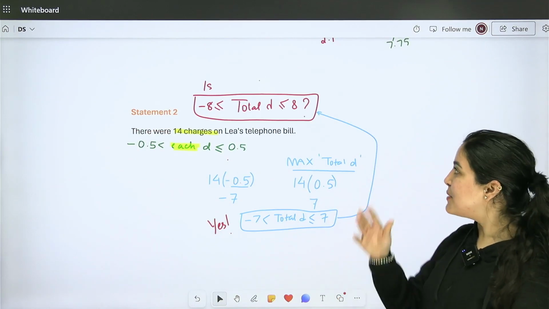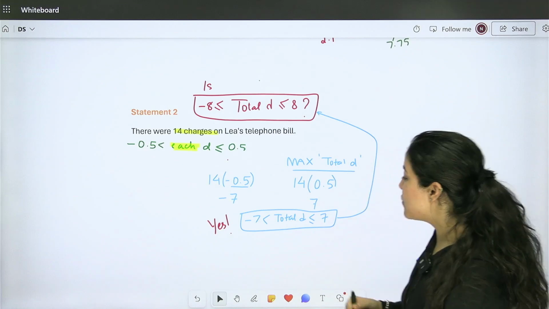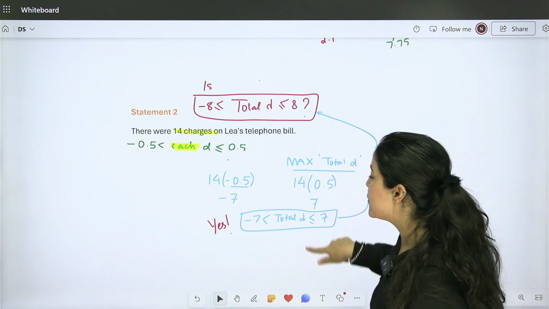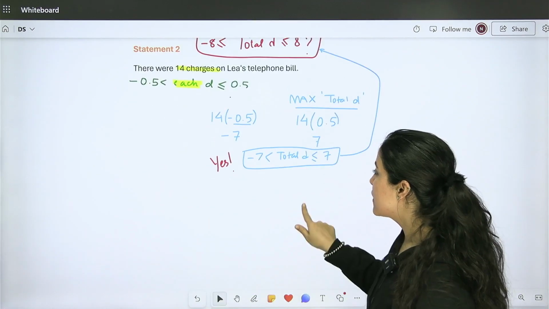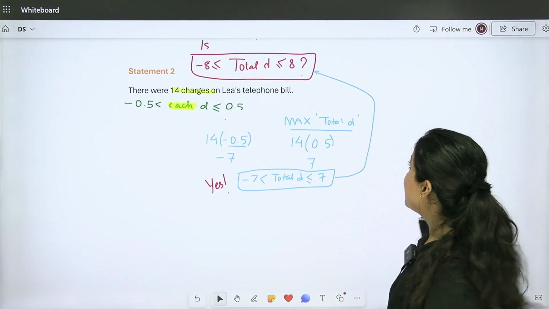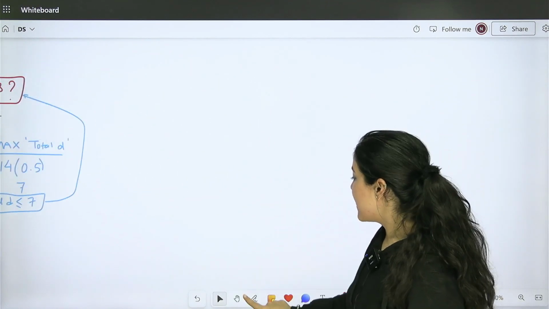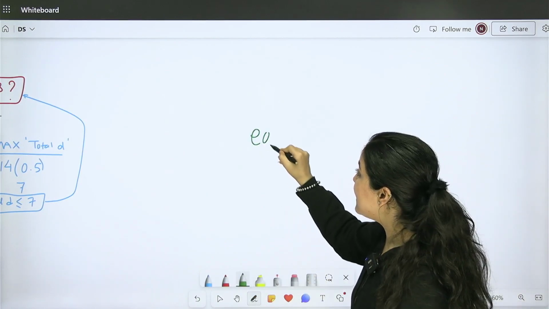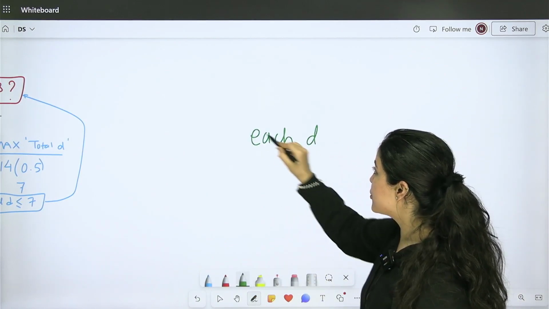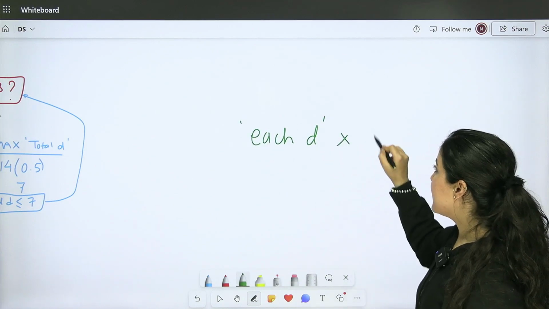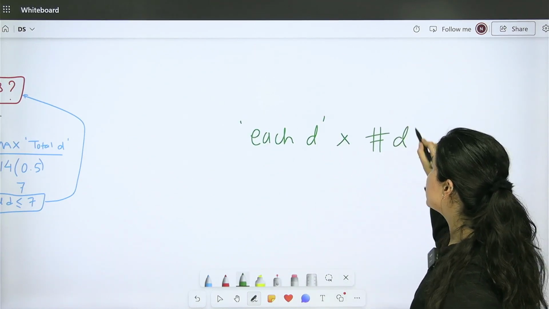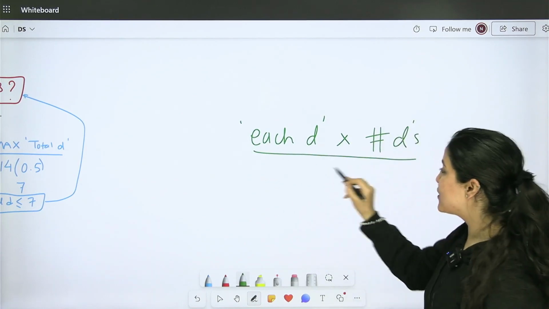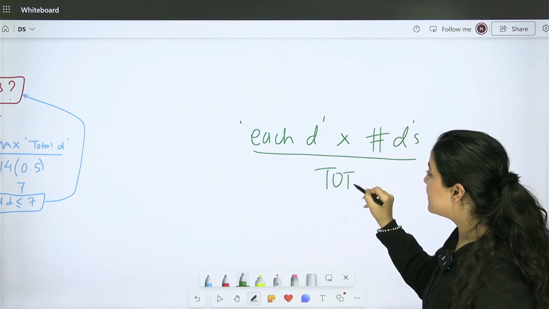So it ultimately turned into a situation where I was only interested in two things. I had an each deviation range which I multiplied by number of such D's, and that is what gave me my total deviation.